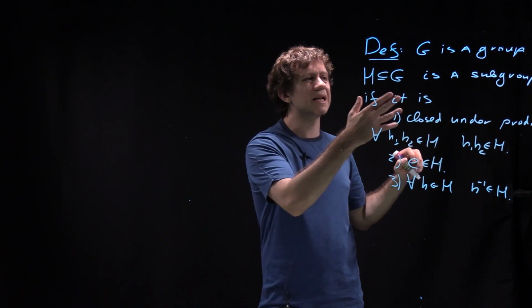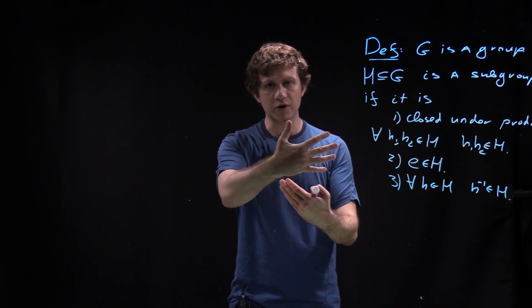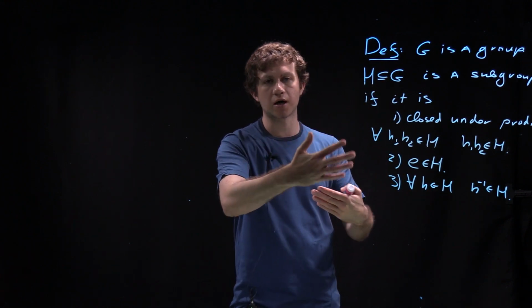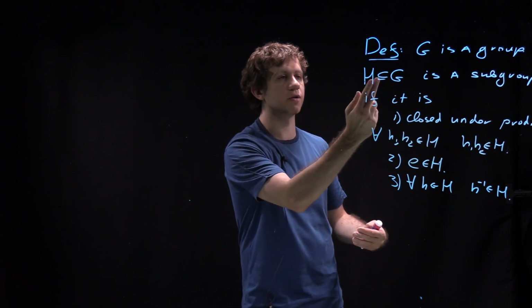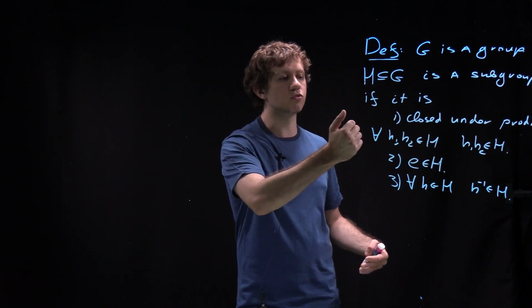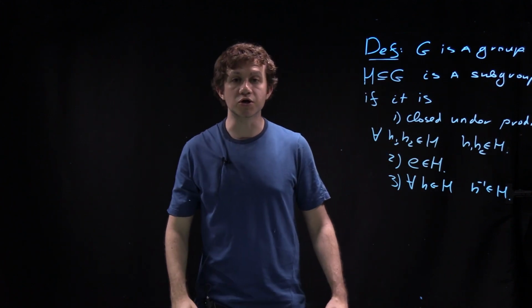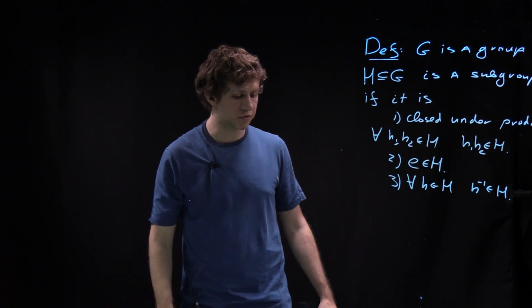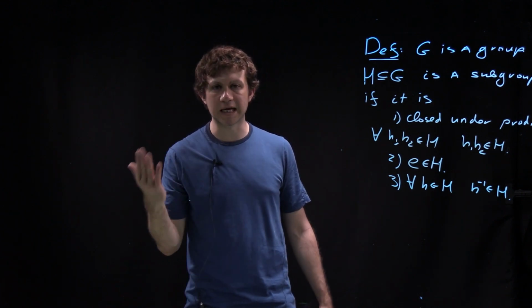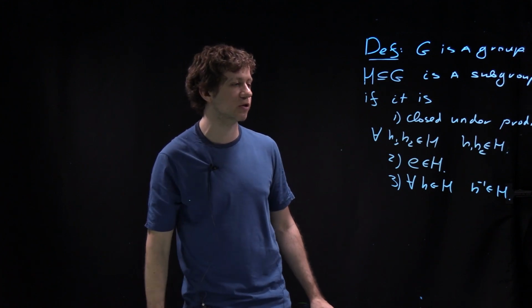So basically a subgroup is just a subset which is also a group, and the operation in H and the operation in G are matched. So when you multiply two elements in H, it's the same as multiplication in G, and the same is true for the identity in H, which is the same as in G, and the inverse in H is the same as in G. So you combine the notion of a subset plus the notion of a group. You want a subset to be a group with the same operation.